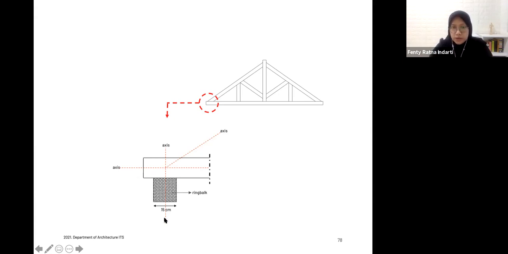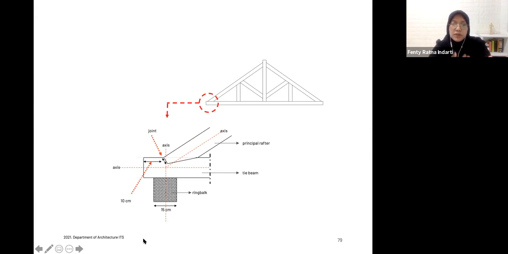This is the axis that you use for drawing the details, and then followed by the other parts that are related to your drawings. So for example, you have a wood rafter, then you have to continue how the wood is joined. And then if you are using the steel trusses, then how the steel is attached to this wall, to this ring beam.